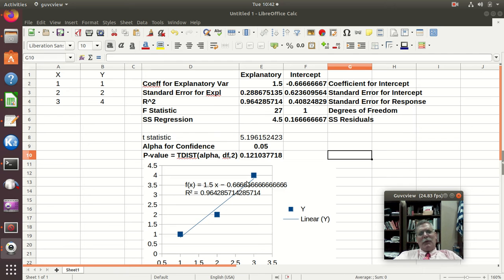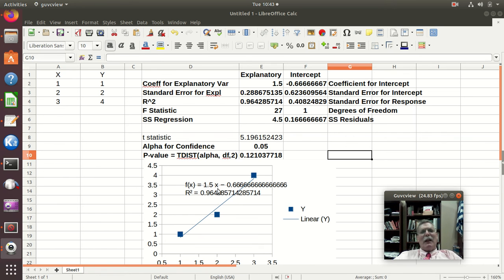pretty much like this extreme, this steep, or even steeper, and so that would say that even though I've got this great R squared value of 0.96, so that's saying 96% of the variation in my Y values is explained by that line right there. 96% of it.